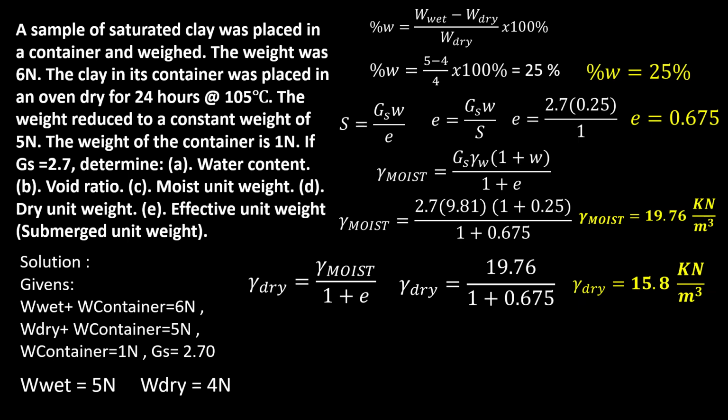Let us now proceed to the last question in the given problem. We can now calculate the effective unit weight or the submerged unit weight. The formula that we will use to calculate the effective unit weight is equal to saturated unit weight minus unit weight of water.